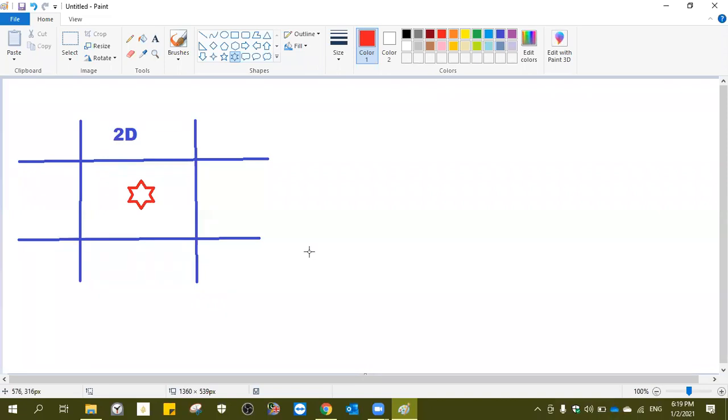So they do not hesitate to put in the money to carry out another survey, and this survey is known as a three-dimensional survey.